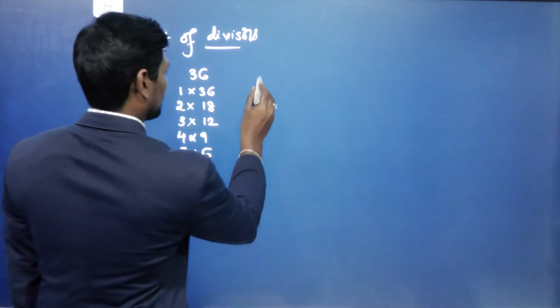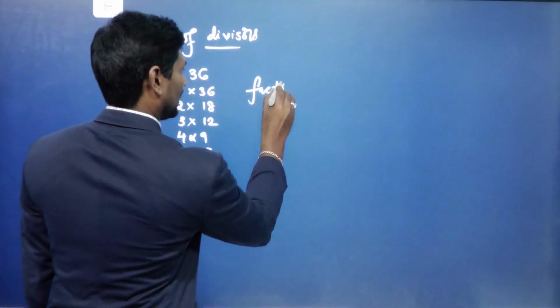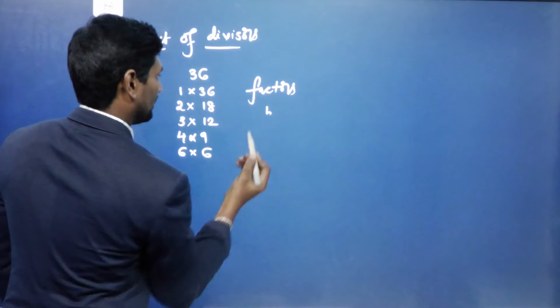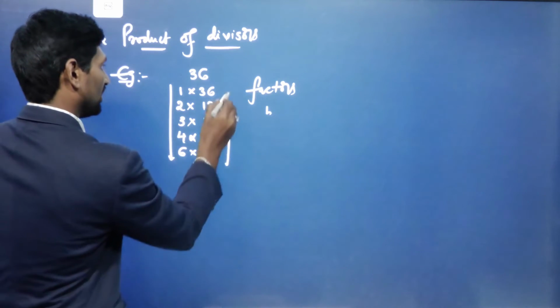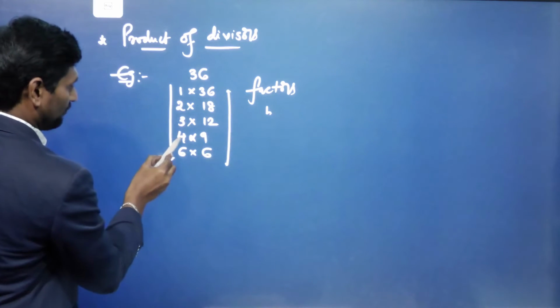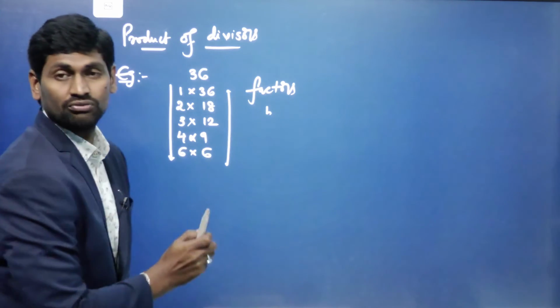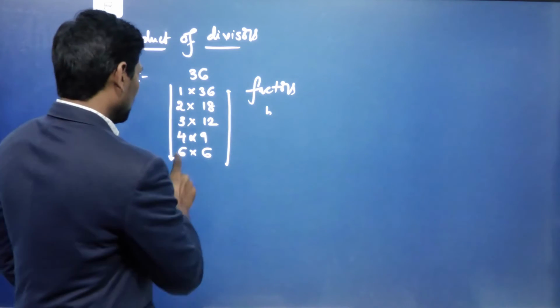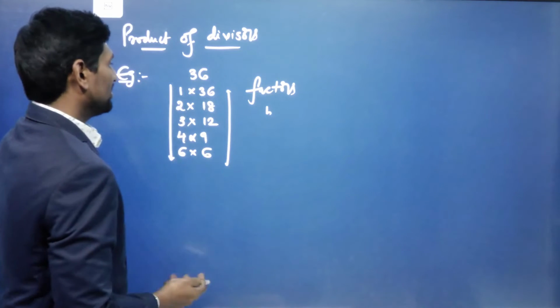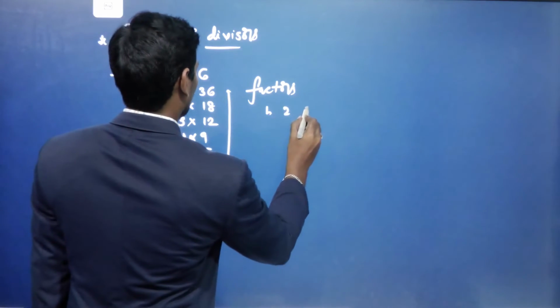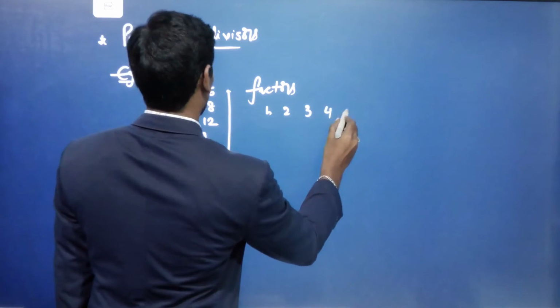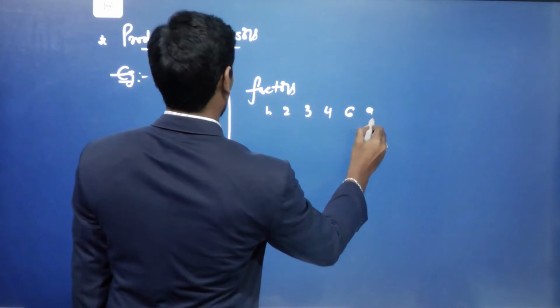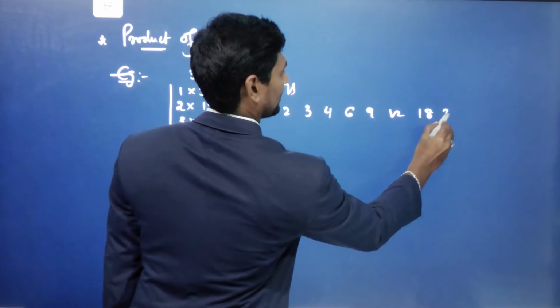So therefore the factors are: 1. Yes, total here 9 factors. 1, 2, 3, 4, 6. 6 is repeating 2 times, now we should consider only 1 time. 6, 9, 12, 18 and 36. So 1, 2, 3, 4, 6, 9, 12, 18, 36.